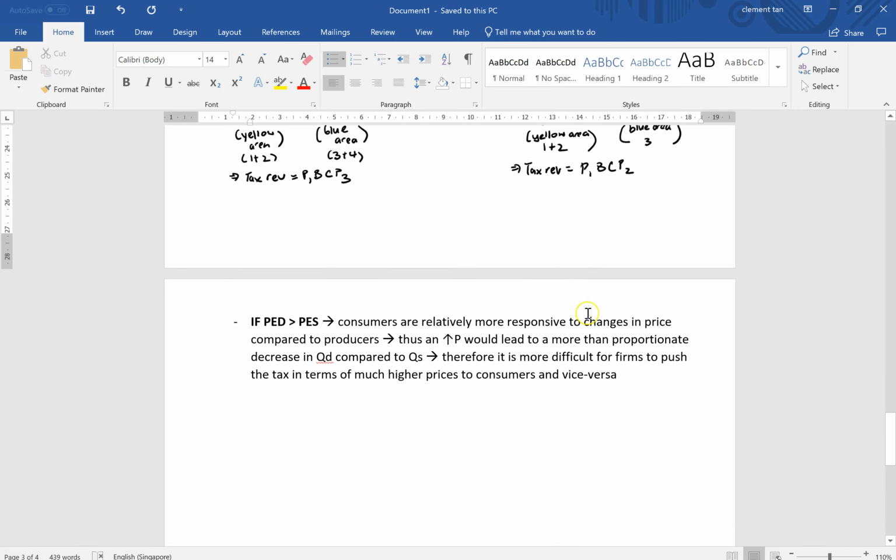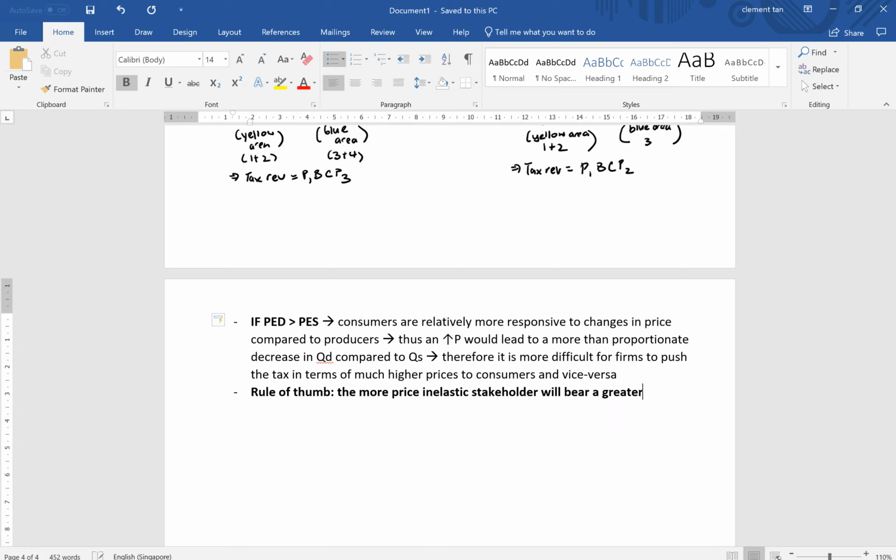So generally, what's the rule of thumb? The more price inelastic stakeholder will bear a greater burden or incidence of the tax.